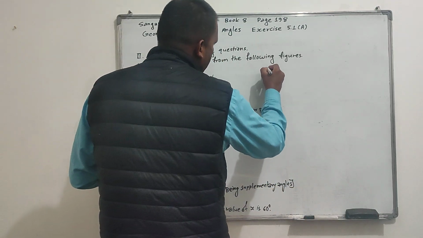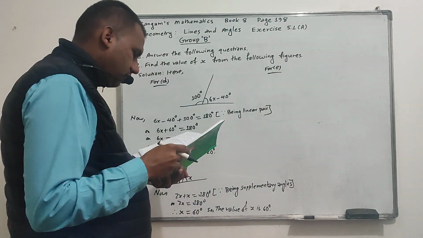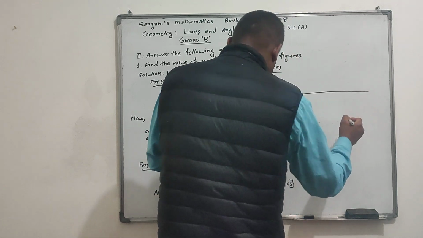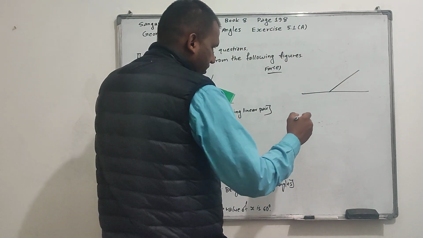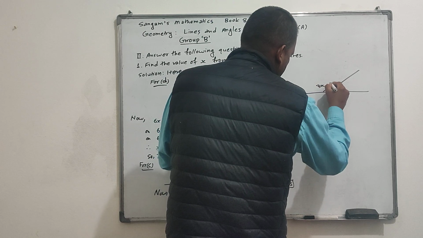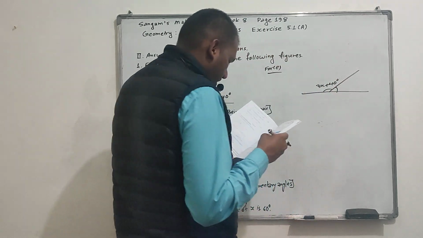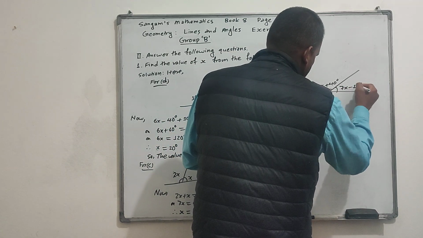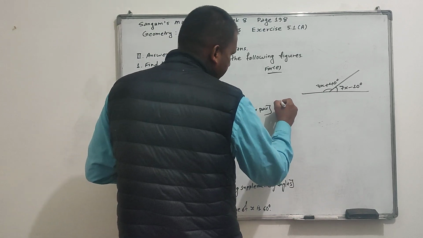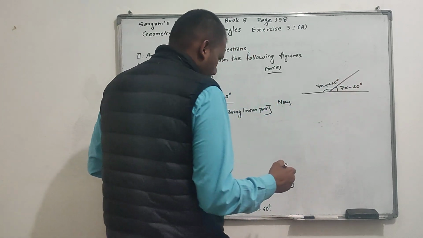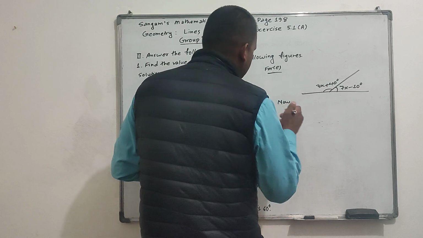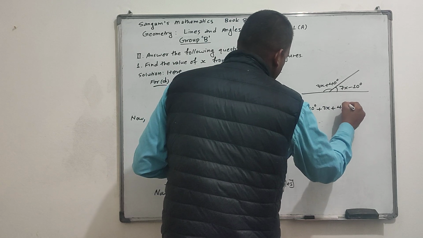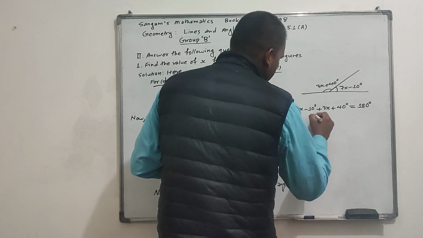Now for E, on E we have the first angle 3x plus 40 degrees, second 7x minus 10 degrees. First angle is 3x plus 40 degrees, second angle is 7x minus 10 degrees. Now we can write these angles are linear pairs, so their sum is 180 degrees. So we can write 7x minus 10 degrees plus 3x plus 40 degrees equal to 180 degrees.